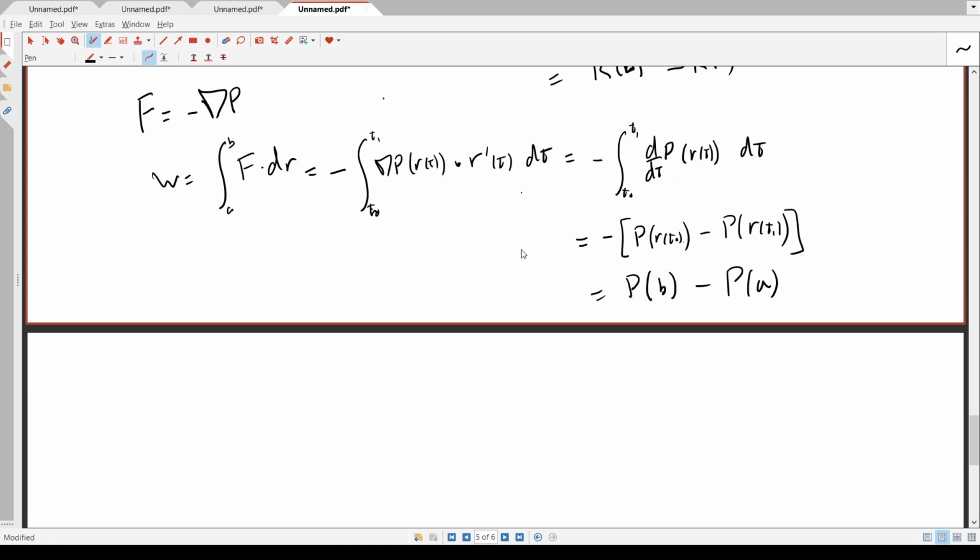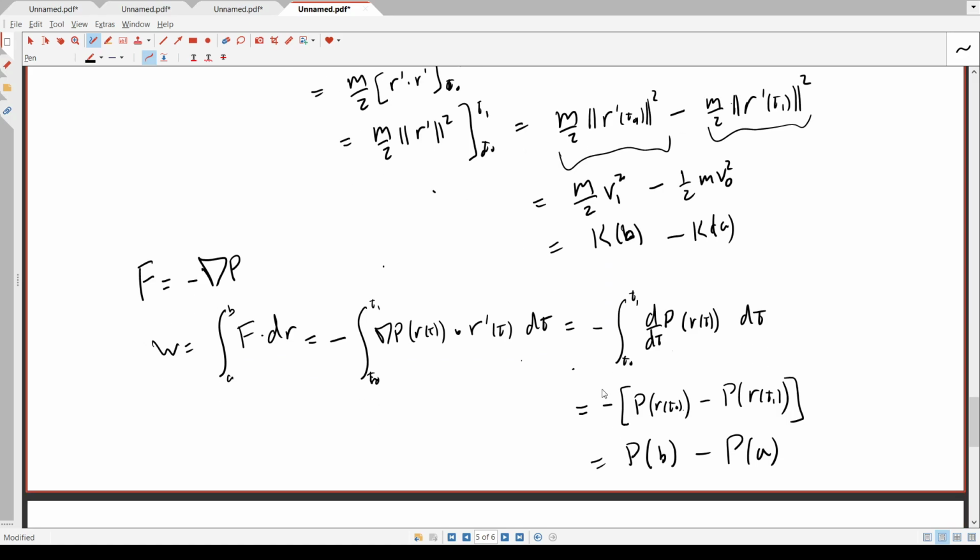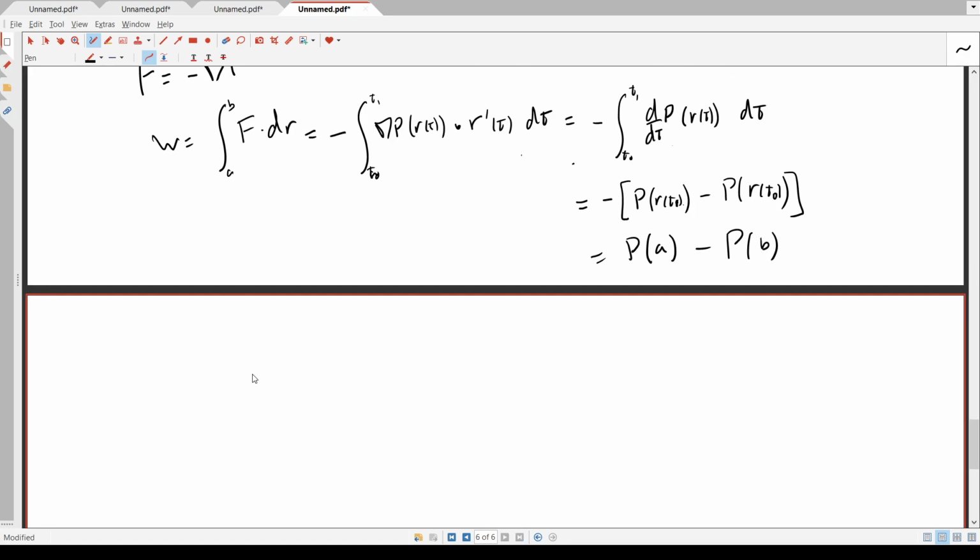Hang on, where's my negative sign wrong? Oh, because this should be t1, this should be t0. I got those backwards. So this is P of A minus P of B. There we go.